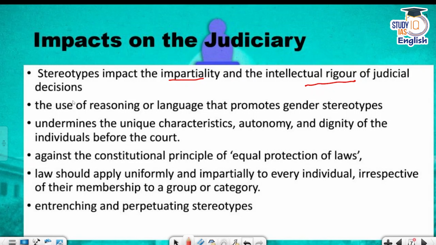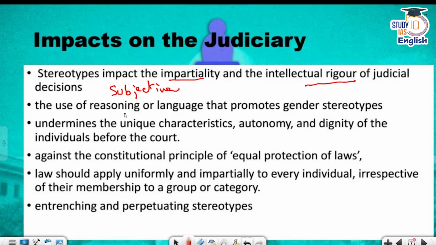And if the judge also does the same, they may never be able to send a message in the society that this word actually has a connotation or an underlying meaning to it, which is not very healthy for the society as a whole. We should not look at any individual from a subjective point of view, but only from an objective point of view.